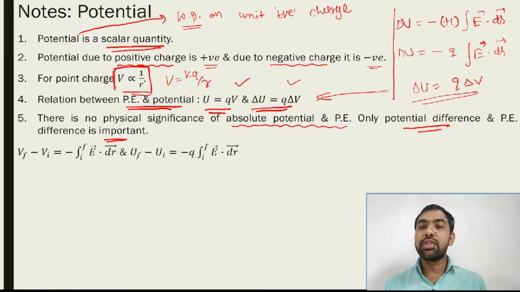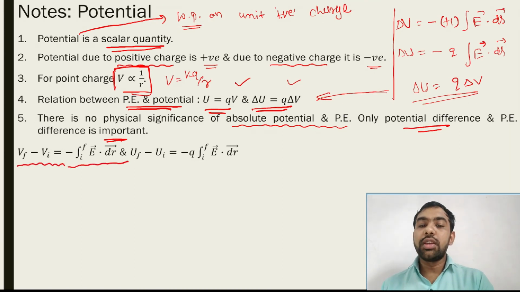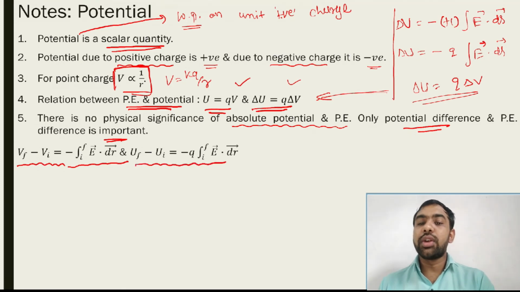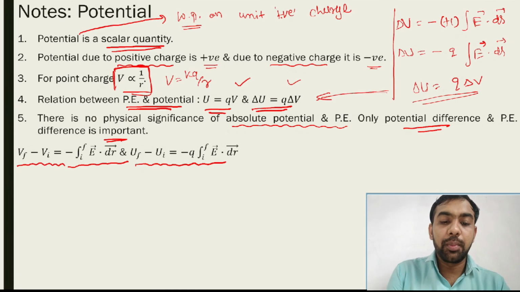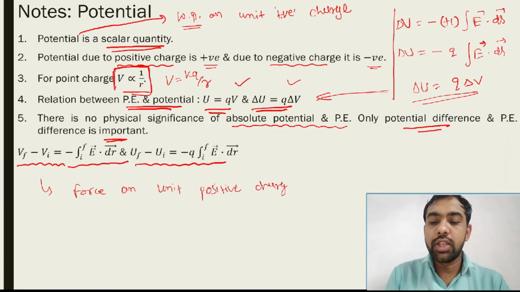This one is important. And the equation is: V final minus V initial is equal to minus integration from initial to final E dot dr, or U final minus U initial is equal to minus Q integration from I to F of E dot dr. Actually that's F, but you consider the force on a unit positive charge.